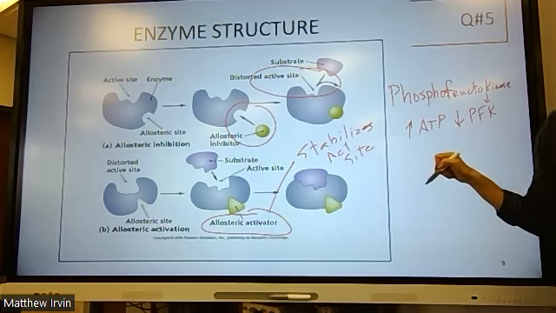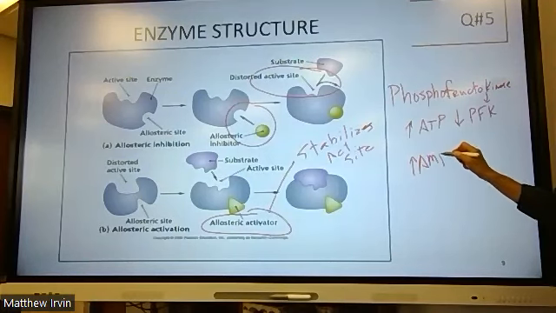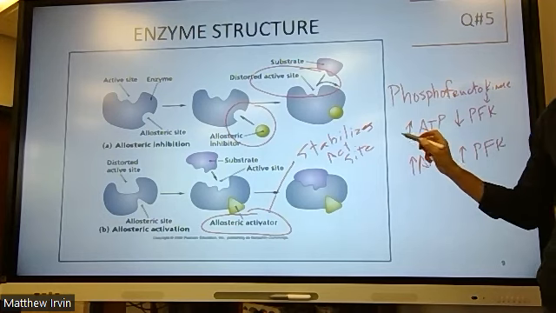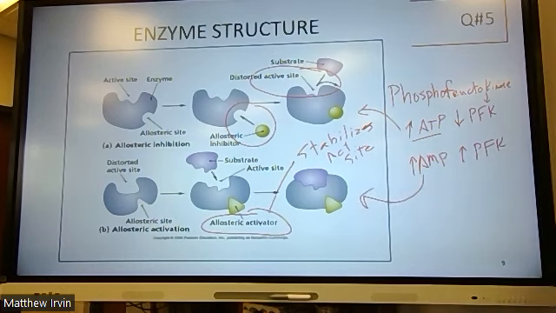But when you have low levels of ATP, that causes the production of AMP, which is then going to turn PFK on. So our ATP is our inhibitor, AMP is our activator.